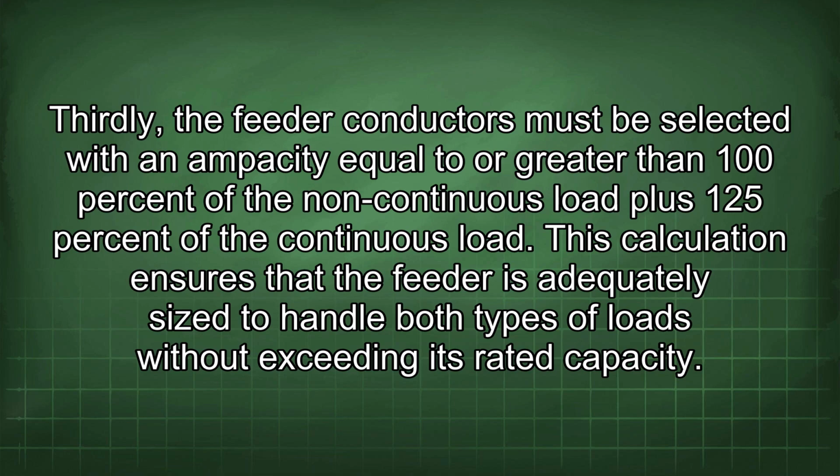Thirdly, the feeder conductors must be selected with an ampacity equal to or greater than 100% of the non-continuous load plus 125% of the continuous load. This calculation ensures that the feeder is adequately sized to handle both types of loads without exceeding its rated capacity.